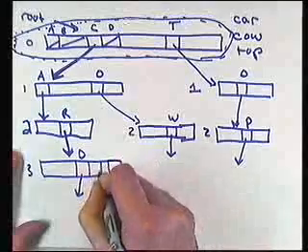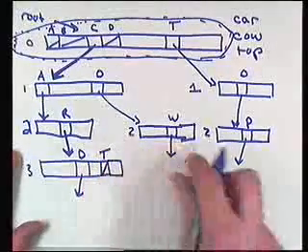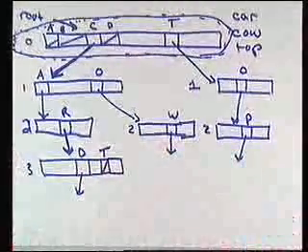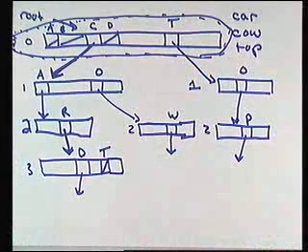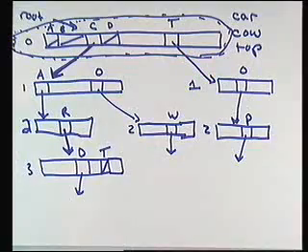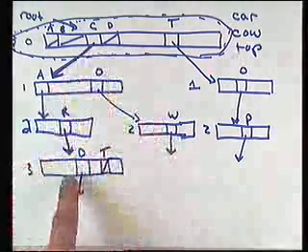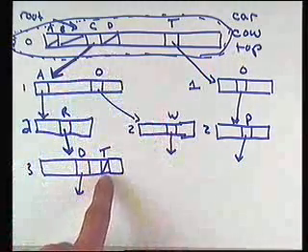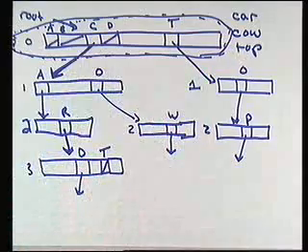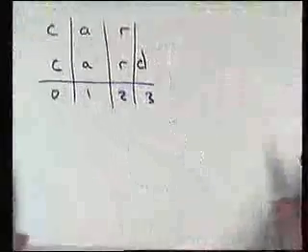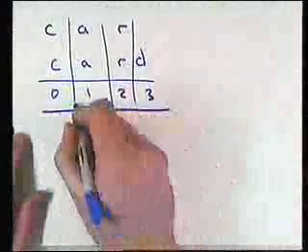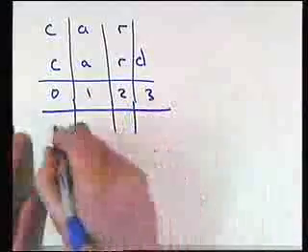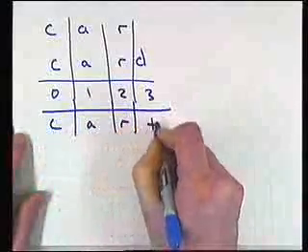I could tell that by saying, well, the T space here is null. And I didn't draw it before, but I'll explicitly draw it in and set it to null. If cart with a T at the end had been in my try, not only would the C and the A and the R pointers have been non-null, but also the T pointer on level 3 wouldn't have been null, and it would have been pointing to some other object, because we would have had here to sort of indicate here C-A-R-T.